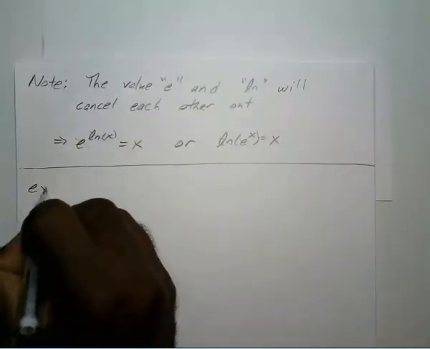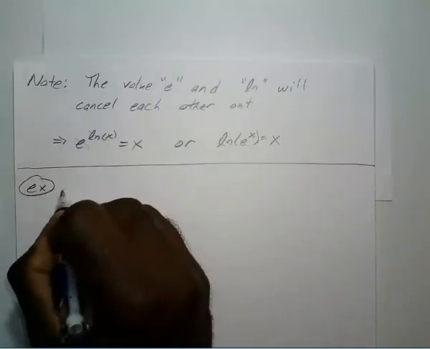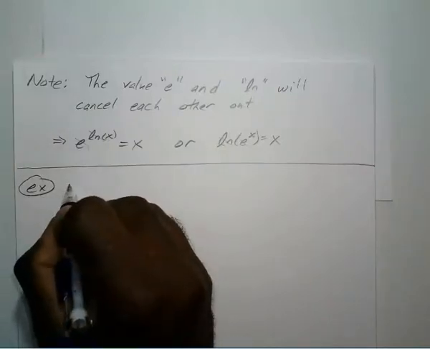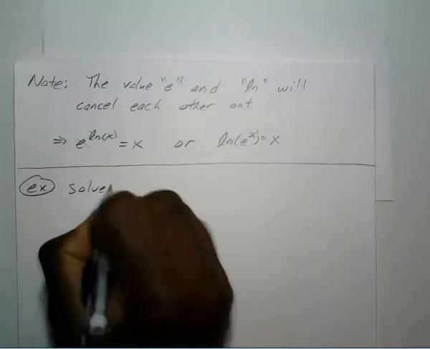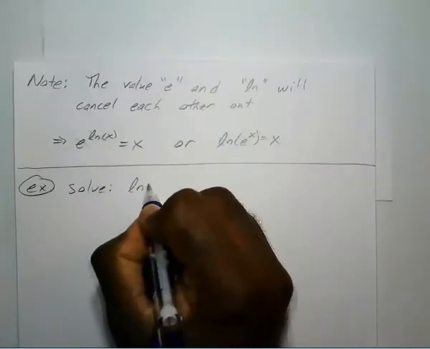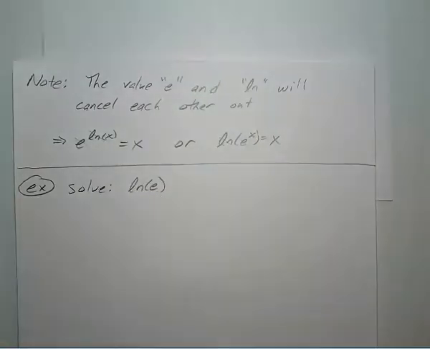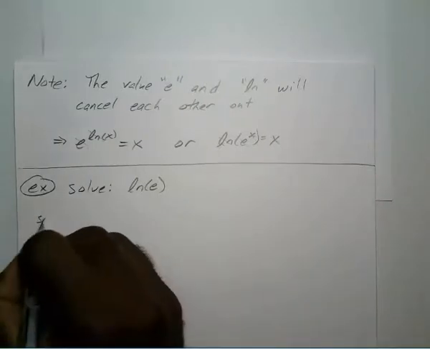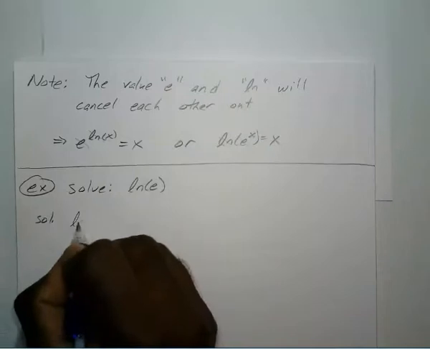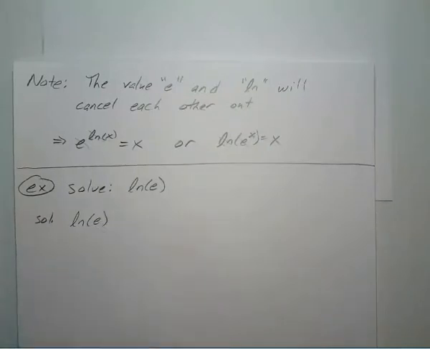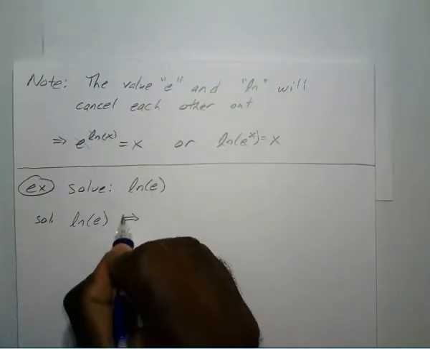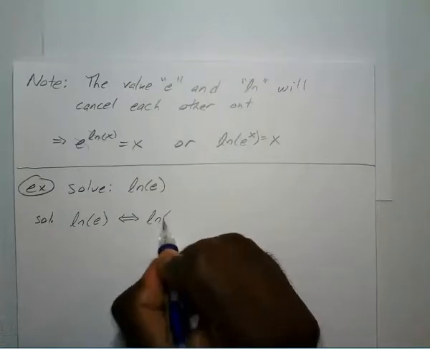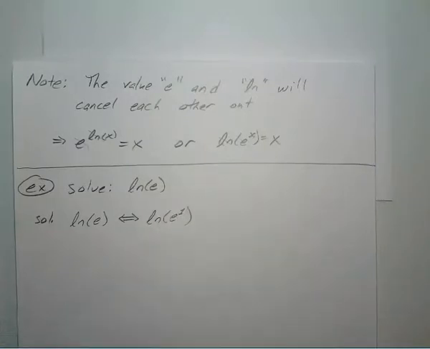So let's say, for example, you want to solve natural log of e. Solving that, natural log of e is the same as saying natural log of e to the first power.